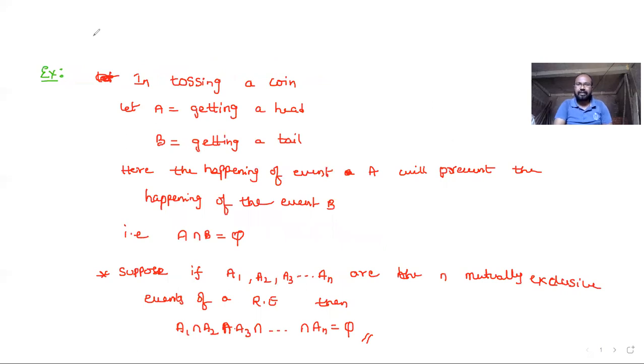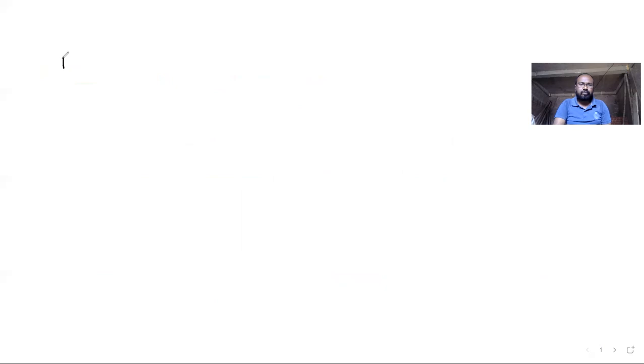That means P of E complement or E bar is equal to n minus m by n.